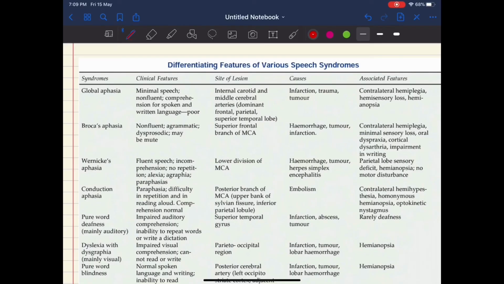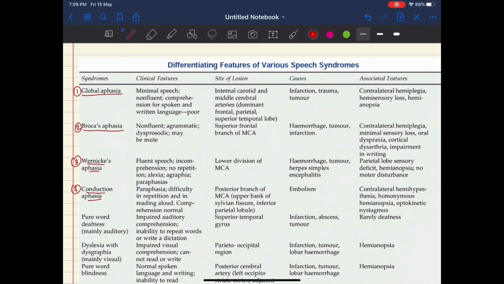So guys, continuing with the differentiating features of various speech syndromes, you should know what is global aphasia. Second is Broca's aphasia. Third, Wernicke's aphasia, and fourth is conduction aphasia. So these are the 4 differential diagnoses which are usually expected from undergraduate students.